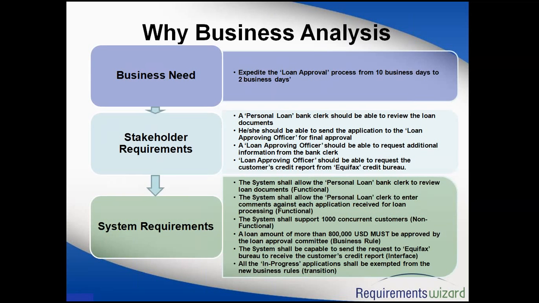So you will say, okay, you need to make sure that you are doing those requirements well ahead in time, and the system is able to support that capability where all the 100 applications which are in the pipeline are exempted from the new rules. So that's what we call transition requirements.